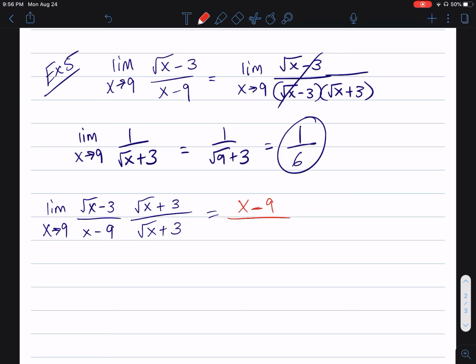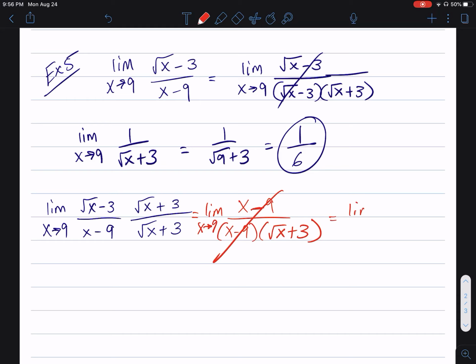so x minus 9. And then I can see that I have this x minus 9 up top, so I really don't want to multiply the bottom because there's going to be some canceling that I can do. So I can cancel these x minus 9s. And this is where I would have gotten points taken off if I didn't put my limit symbol, because we have not taken the limit yet.